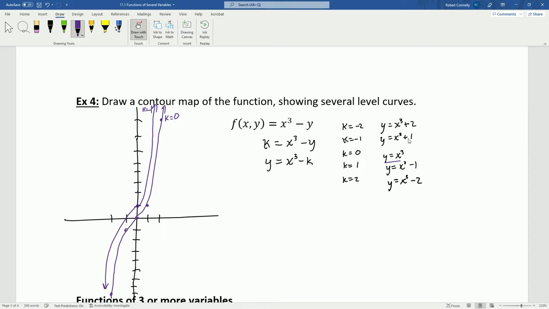Okay, so k equals -1. Now when we shift up 2, that's going to be k equals -2. I'll mark this one down here. And now we'll look at these two graphs. For k equals 1, that is a shift down 1. And for k equals 2, we get a shift down 2.